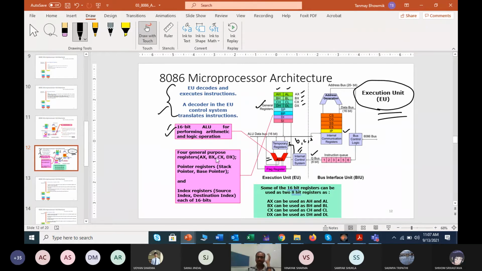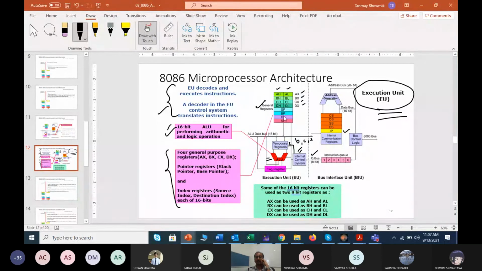Right? Then we come to the section of the 4 general purpose registers. Where are they? AX, BX, CX, DX are the 4 general purpose registers, which are divided into 2 parts: AH, AL, BH, BL, CH, CL, and DH, DL, for the higher order data and lower order data. Then the pointer registers: stack pointer and base pointer.